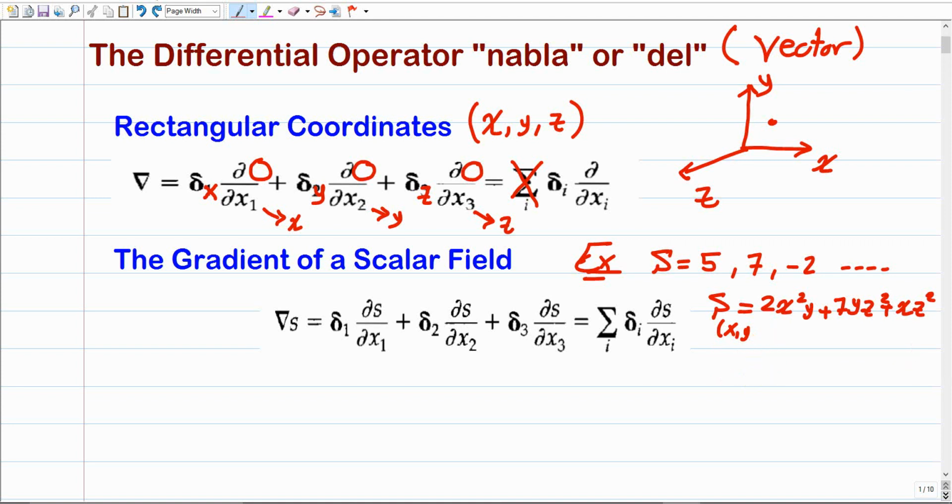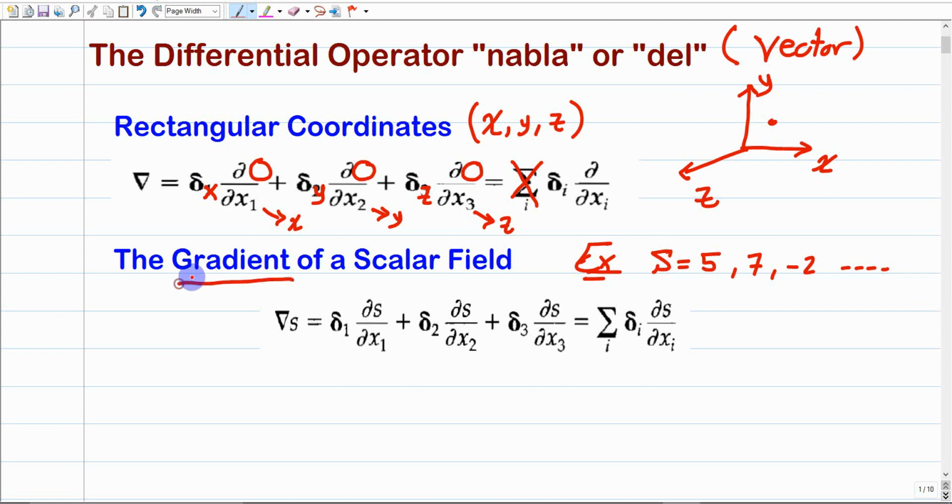If this field is a scalar field, it just requires a value. There is no need to fully describe it using magnitude and direction. It's just a simple function. So how about if we have a function and we would like to find the gradient of this scalar field or scalar function? Simply, this is the gradient operator.